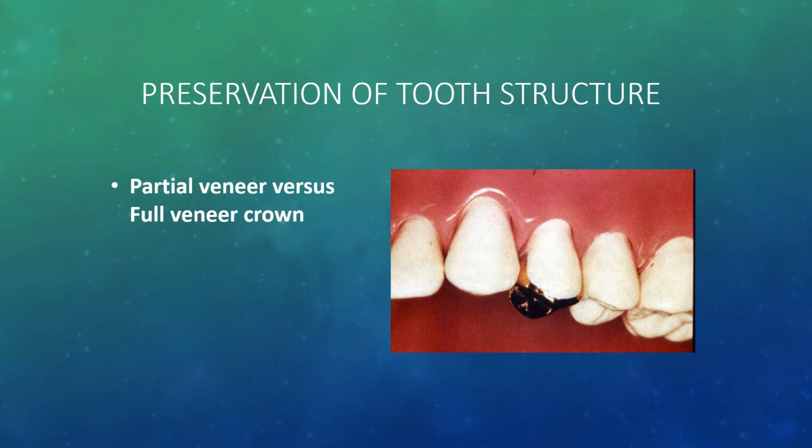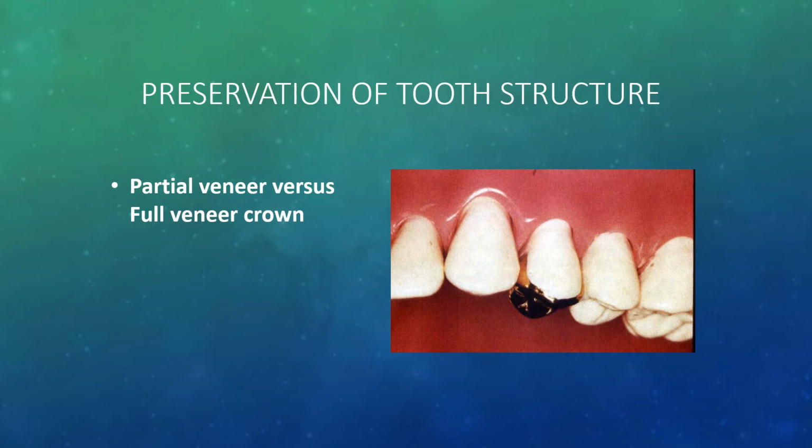So the intention why you are using different kinds of crowns is that you're trying not to sacrifice a lot of tooth structure, because the more you try to remove enamel or the more you're going deeper, what happens is you are compromising on the core of the tooth structure.